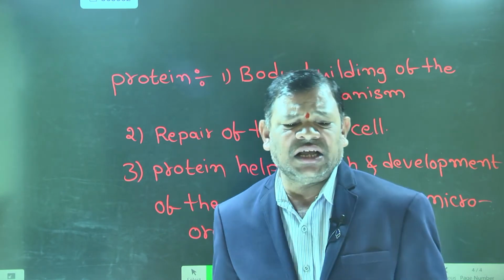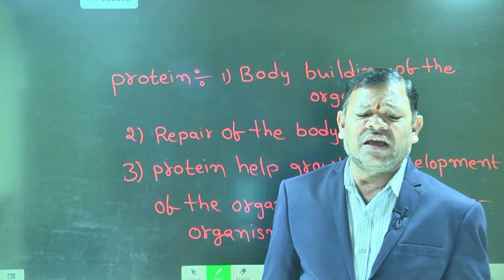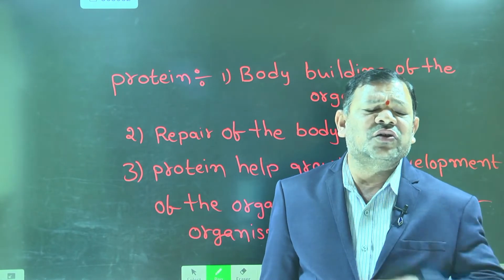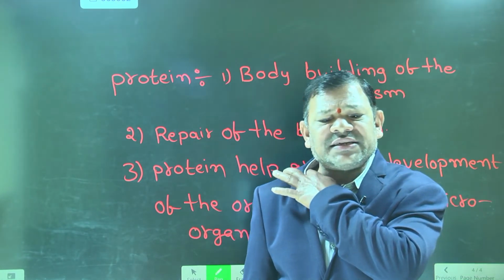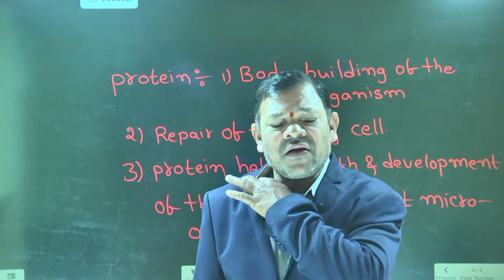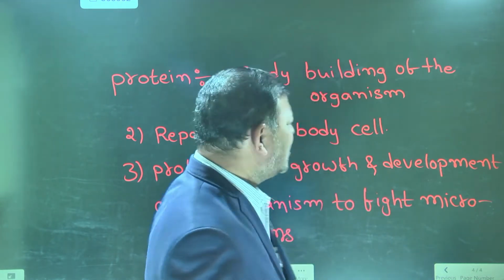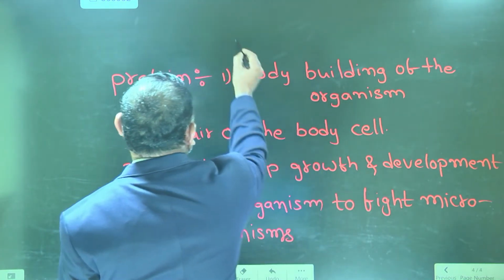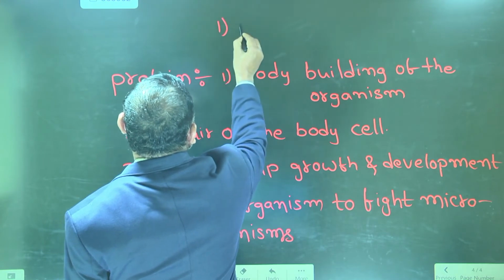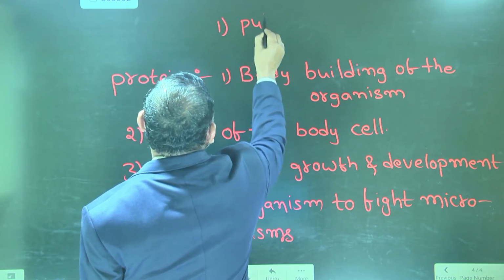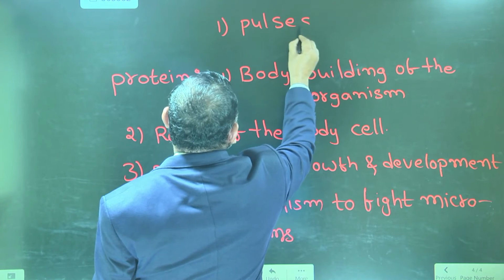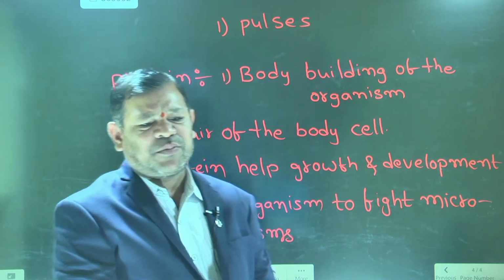Okay, so generally in our day-to-day life, what are the food components where proteins are present? You know very well. First one is the pulses. In these pulses, proteins are present.